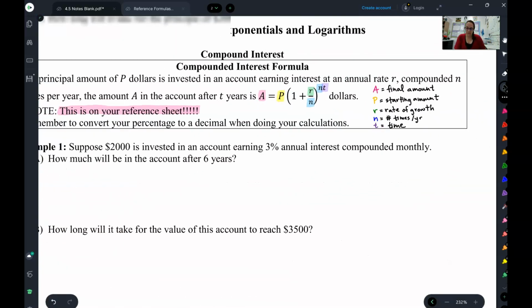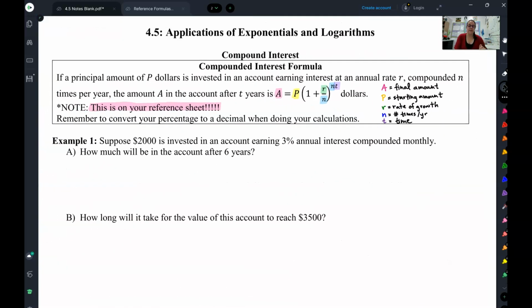So let's try our first example with this. Example 1. Now, as I read through these problems, I like to have my highlighters handy, and I like to highlight the numbers and label what they are. So is it an A, a P, an R, an N, or a T? So let's start with example 1. Suppose $2,000 is invested in an account. So that means that $2,000 is going to be a P. That is your starting amount.